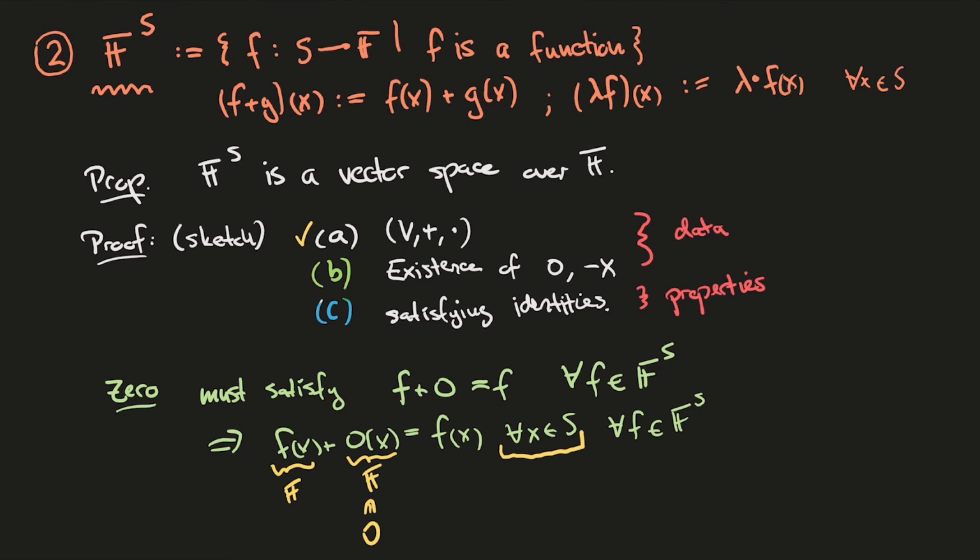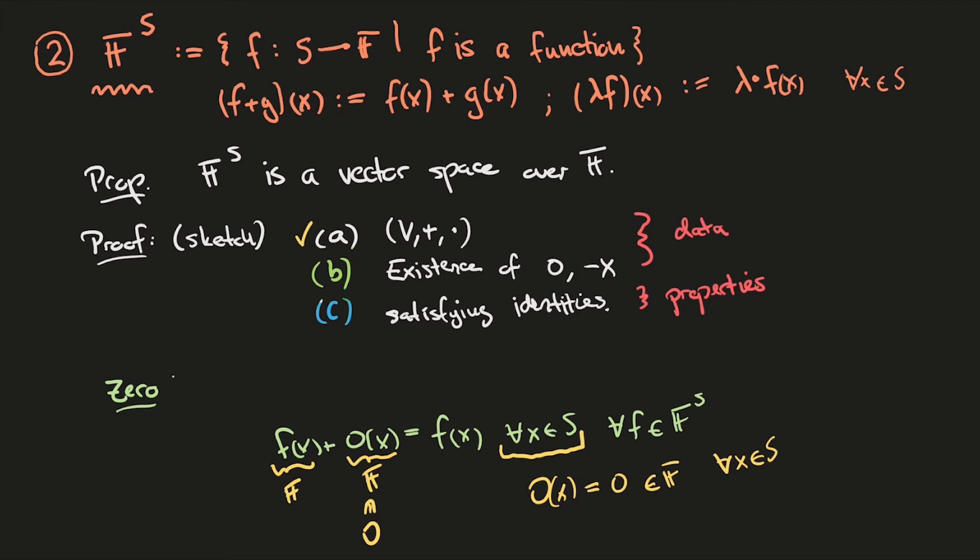Moreover, since this equation needs to be satisfied for all elements x of S, this means that 0 of x has to equal 0, so this is the 0 in the field F, for all x in S. And this uniquely defines the function 0 from S to F. So all of this shows that the 0 element in Fs is the function from S to F that maps each element x of S to 0.